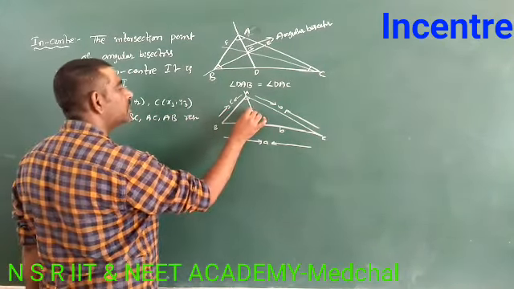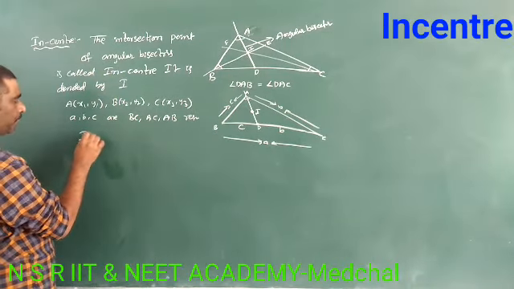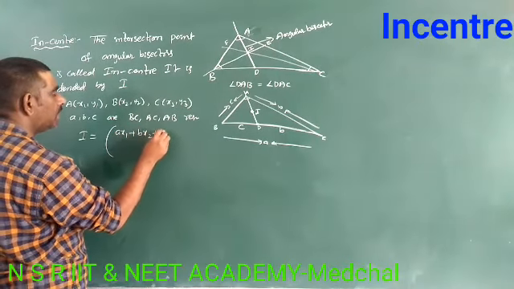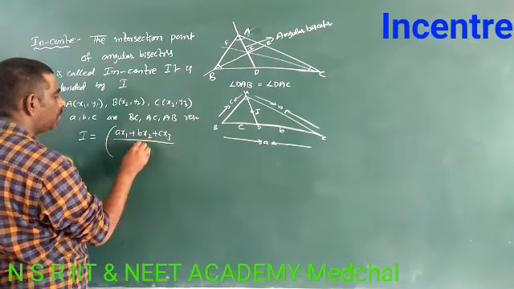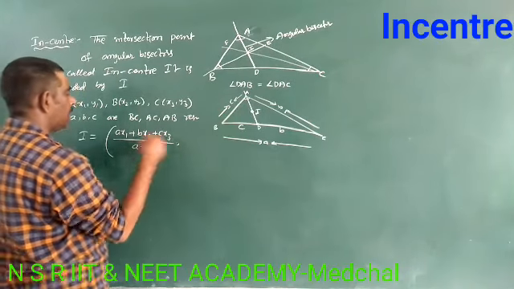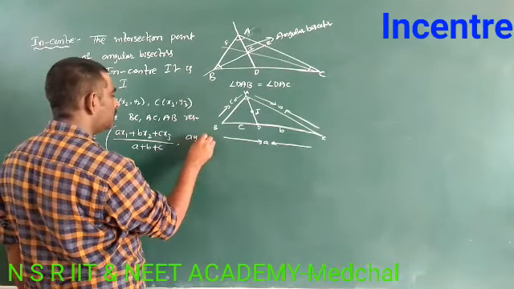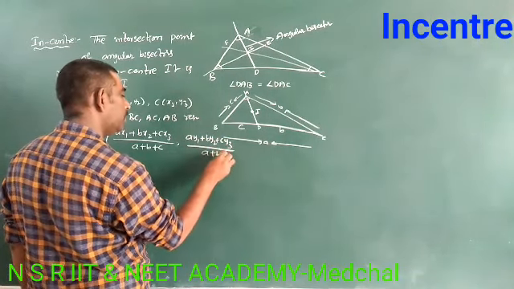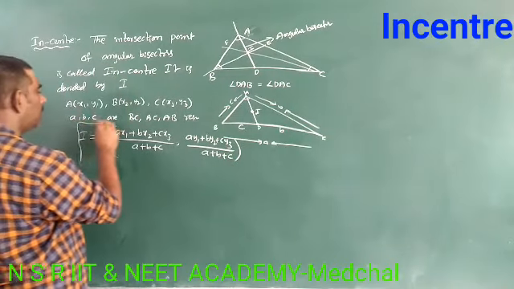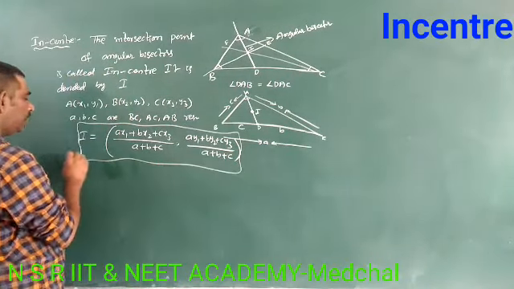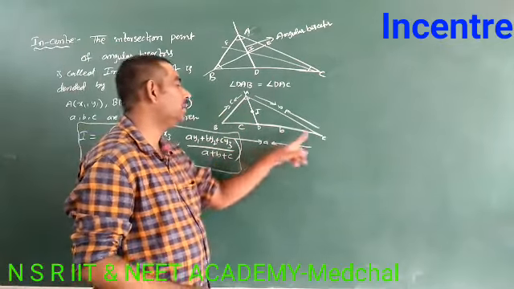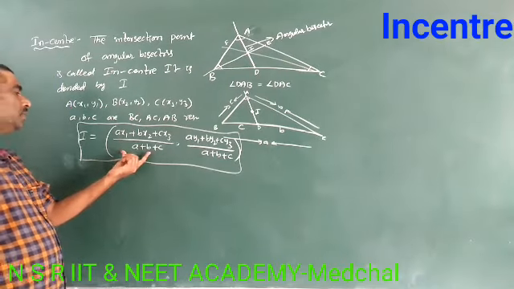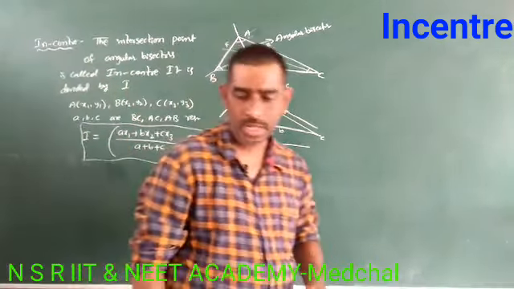Then incenter I is equal to (a x1 plus b x2 plus c x3 by a plus b plus c, a y1 plus b y2 plus c y3 by a plus b plus c). So this is the formula for the incenter. If you know the vertices and lengths of the sides of a triangle, we can use this formula to find the incenter.